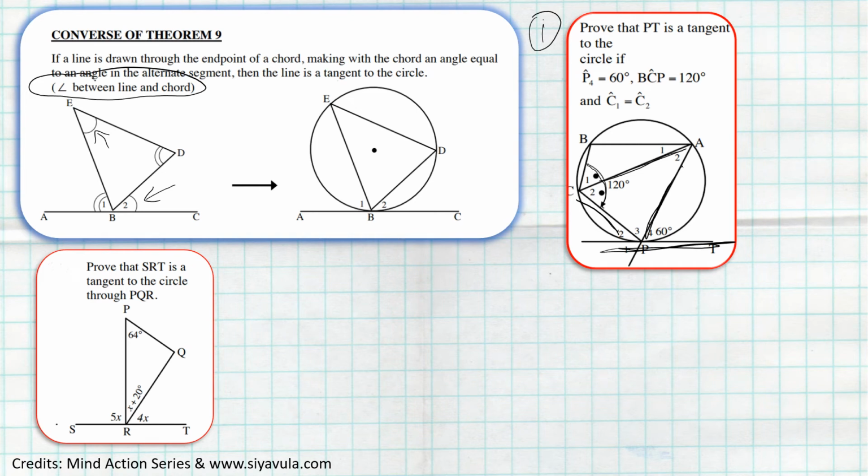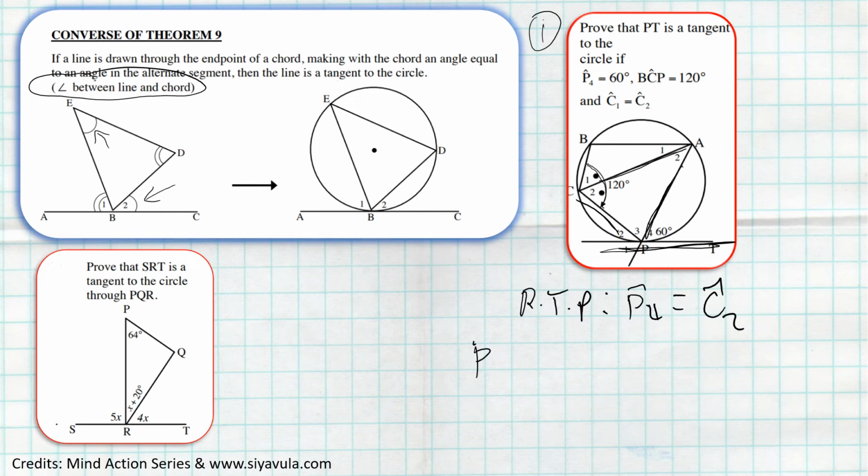So what you are required to prove here is that angle P4 is equal to angle C2, because C2 is the one in the alternate segment. Then you can deduce it's the converse of the tan-chord theorem, angle between line and chord. Okay, so let's go and prove that.